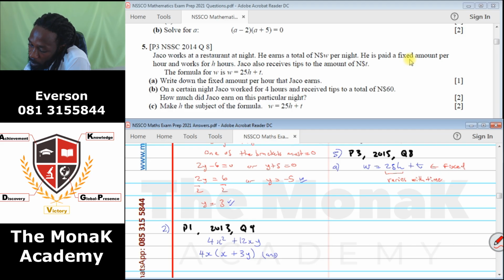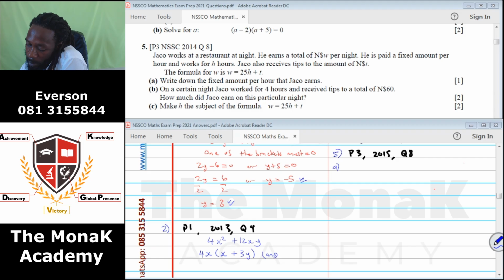So write down the fixed amount per hour.